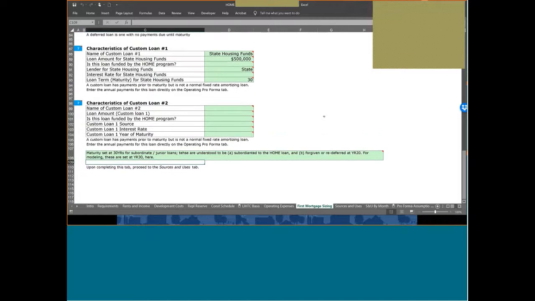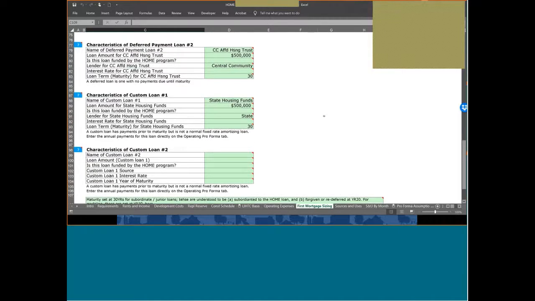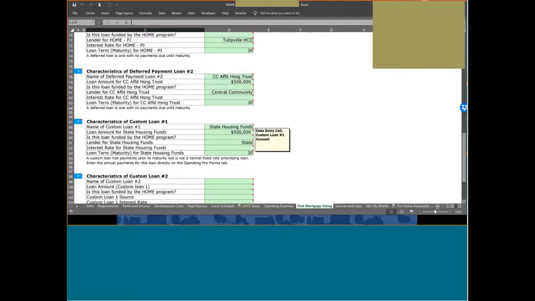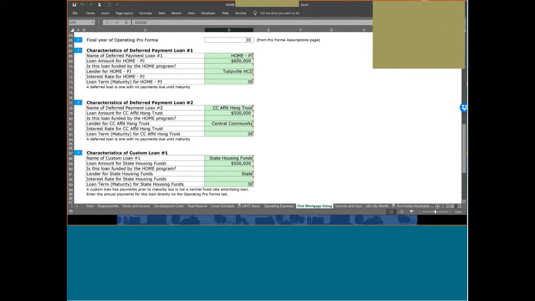We know from the financing package that's been submitted to us that this particular deal has a commitment of state housing funds of $500,000, soft money, and another $500,000 from the Community Affordable Housing Trust, and that they've asked us for $600,000.